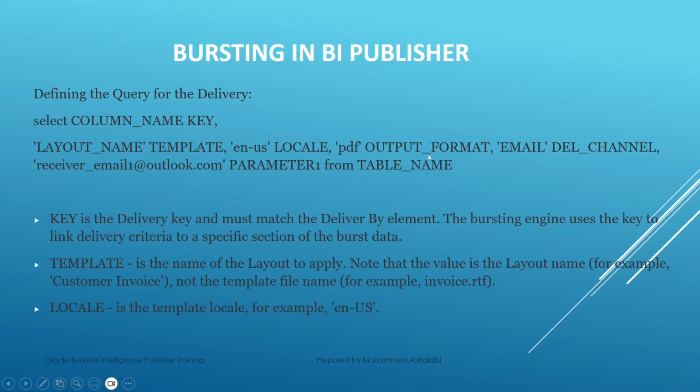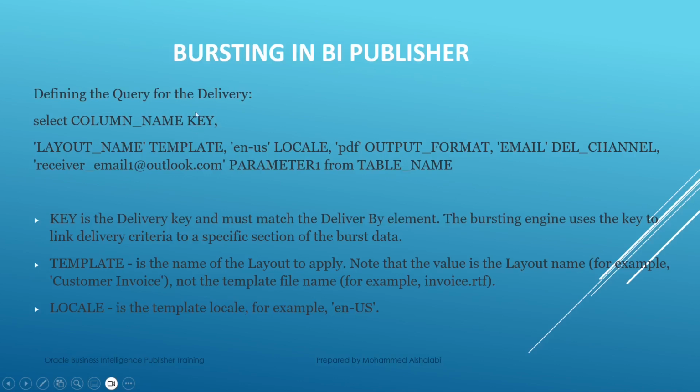We have PDF, HTML, XML, and so on. We have here email as a delivery channel. We have other types like file. We have here receiver email at outlook.com as parameter 1, and we may have parameter 2, parameter 3, parameter 4, and so on from table name.